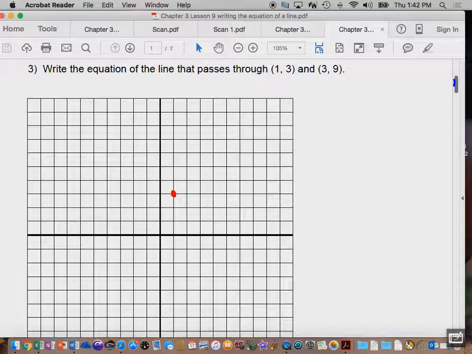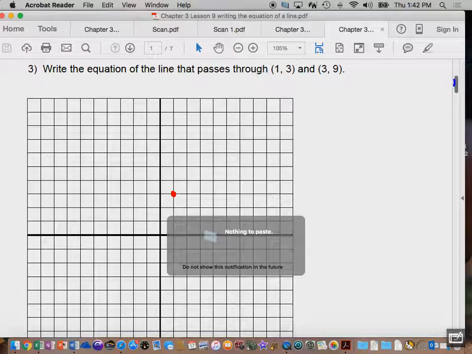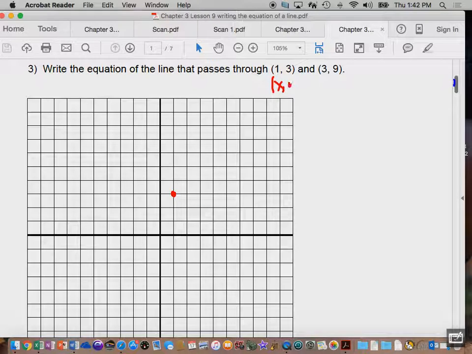Passes through the point (1, 3). (1, 3) is over here, not here. Giselle, you with me on this? Okay, remember, any point is (x, y). This is the x-axis, this is the y-axis. The x is 1, the y is 3. Here's where the x is 1, here's where the y is 3. So this point right here is the point (1, 3).